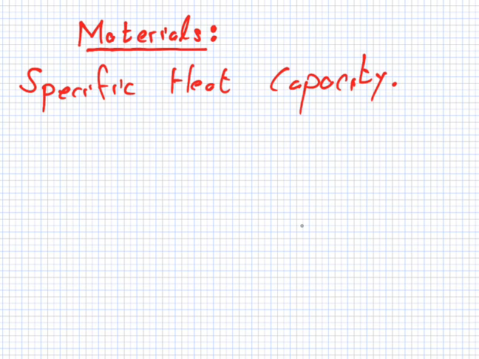So we need some way to measure this, and that's what specific heat capacity is. I'll give you the definition here, which I'm sure you probably know. I'll just write SHC for short.